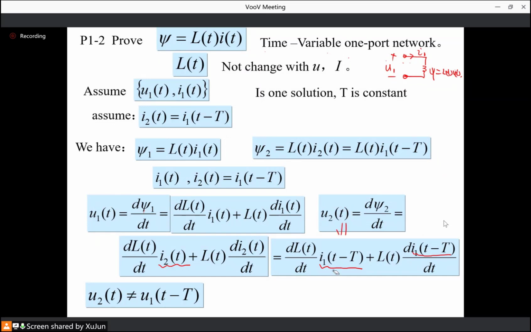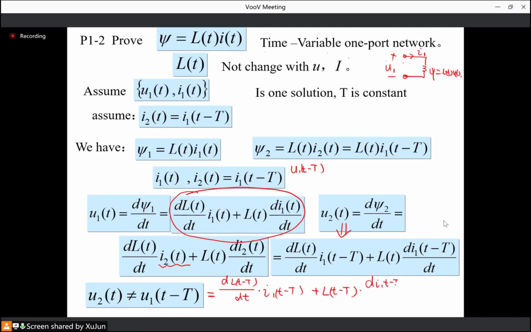This u2 expression is not equal to u1 delayed by T, because the delayed u1 would equal d/dt of L(t minus T) i1(t minus T), which is the derivative of L(t minus T) times i1(t minus T) plus L(t minus T) times d i1(t minus T)/dt. So they are not equal.